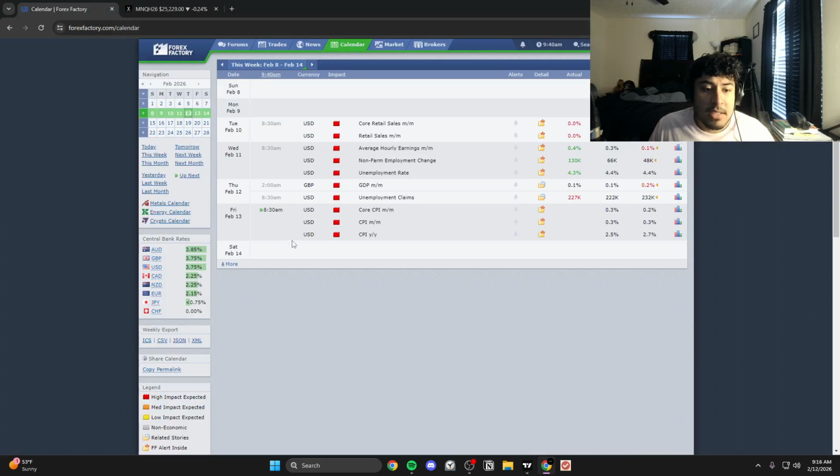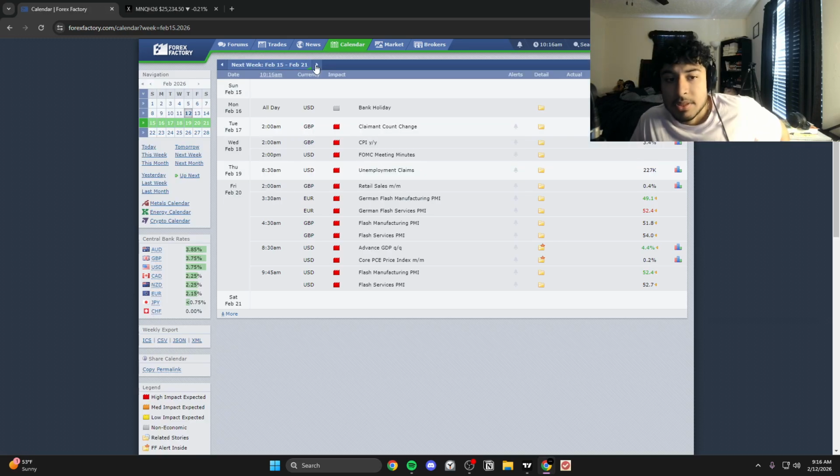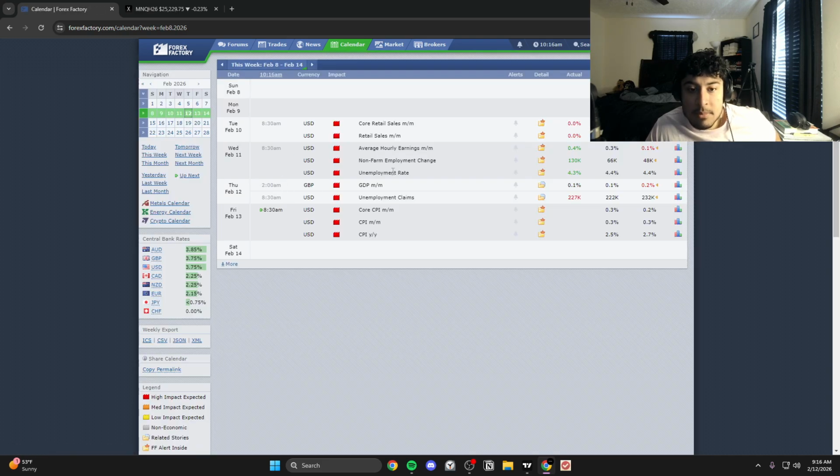We do have CPI tomorrow. I do believe that's another reason. And again, the news events have been all over the place. Usually this second week we would have CPI and PPI, but we wouldn't have certain news events like non-farm or average hourly earnings in the same week as CPI.